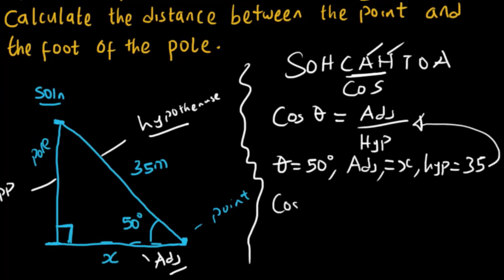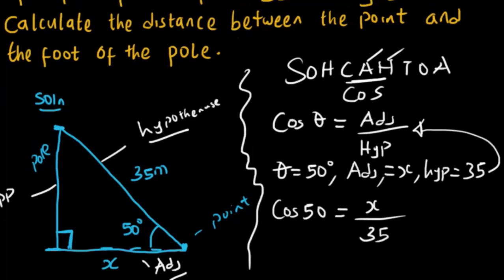We have cos 50 equals x all over 35. We can use a four-figure table or a calculator to find cos 50. Cos 50 is 0.6428. So we have 0.6428 equals x all over 35.